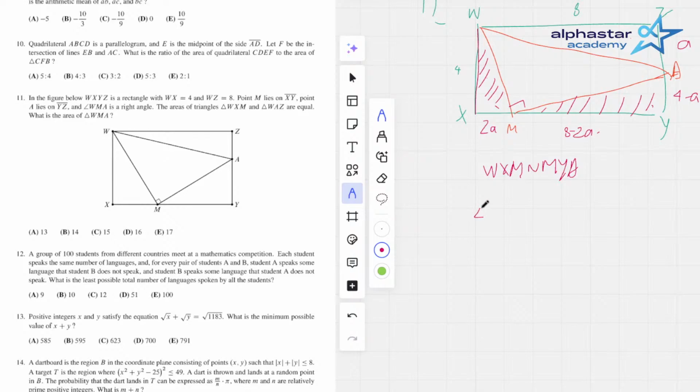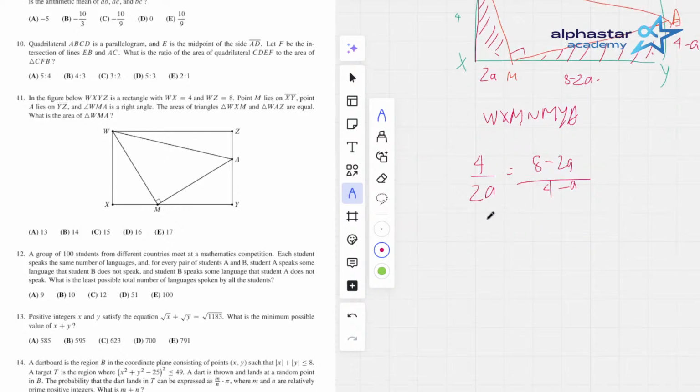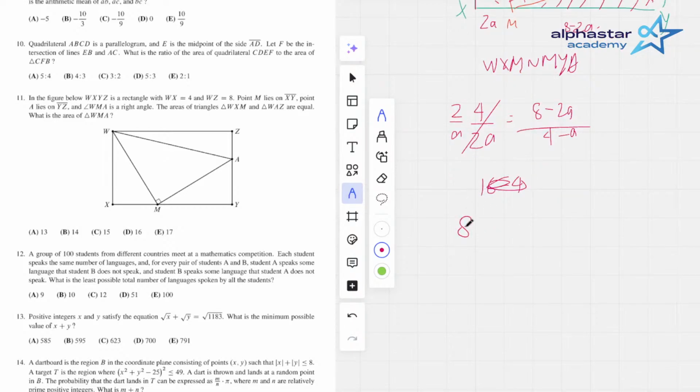So let's see, 4 over 2A equals 8 minus 2A over 4 minus A. In other words, 4 times 4 minus A. I guess we can write this as 2 over A to make it simpler. 8 minus 2A equals A times 8 minus 2A.